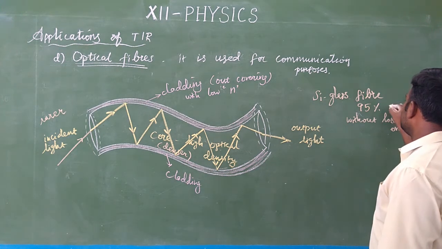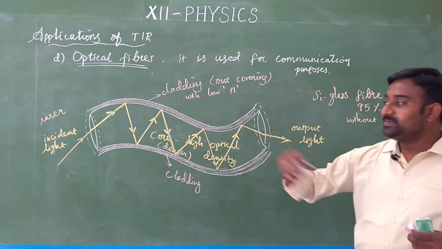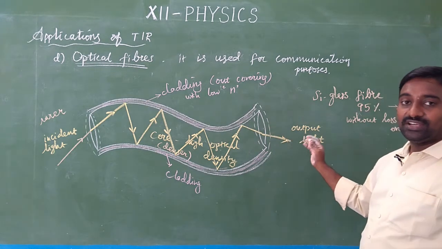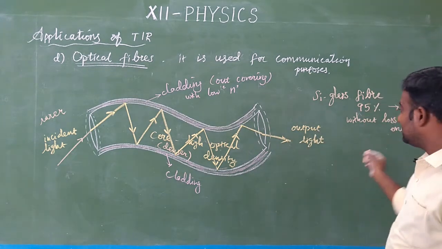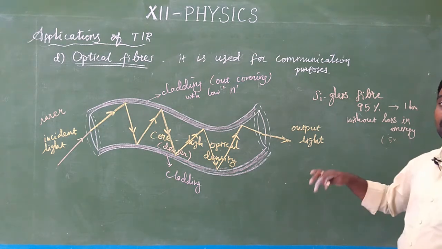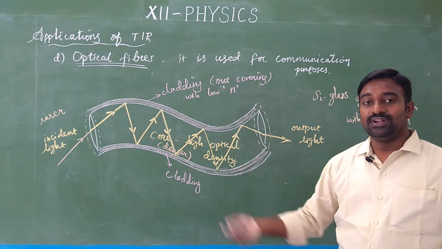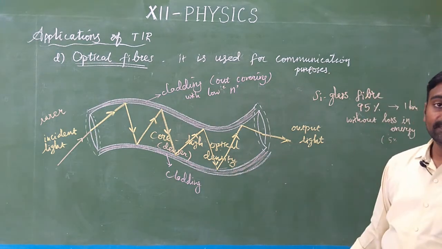So it is used to transmit over 1 kilometer. From the transmitting source to the receiver, for a distance of 1 kilometer, the energy loss is very, very less, nearly less than 5%. That can also be improved by amplifiers. That's why the entire world is linked with optical fibers.